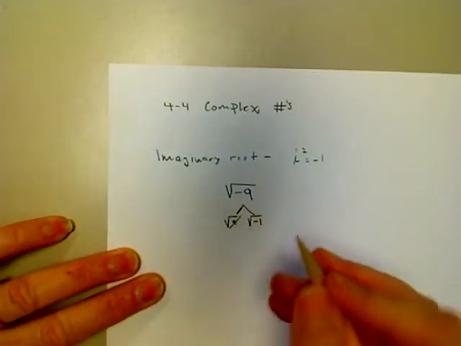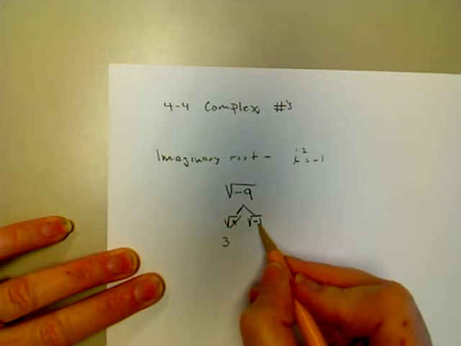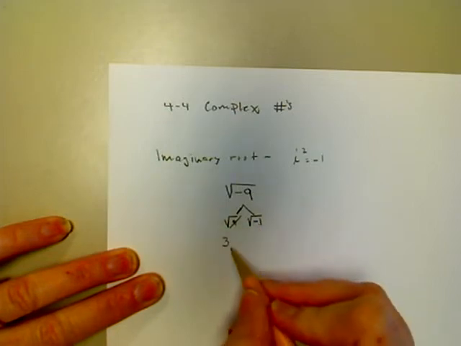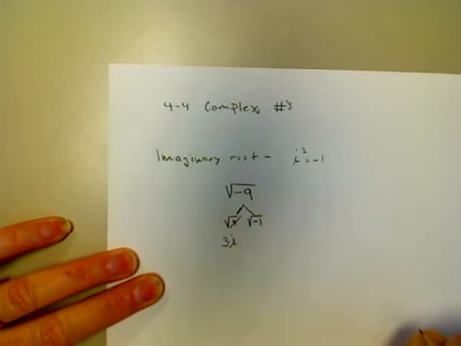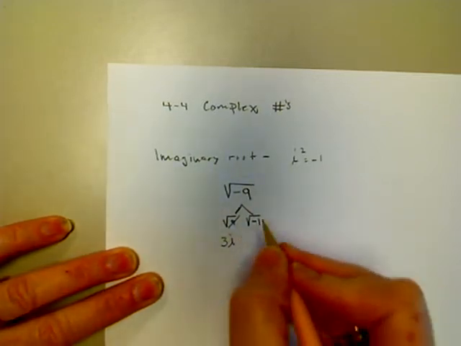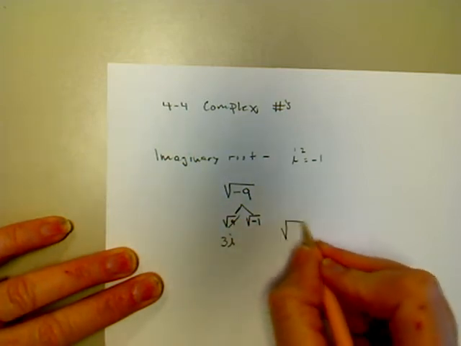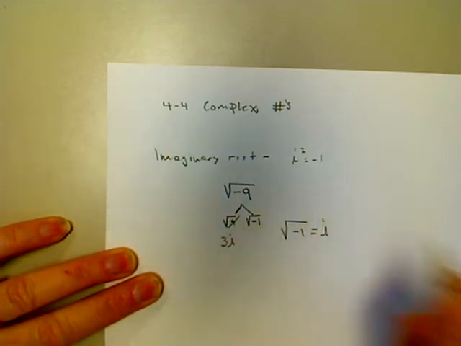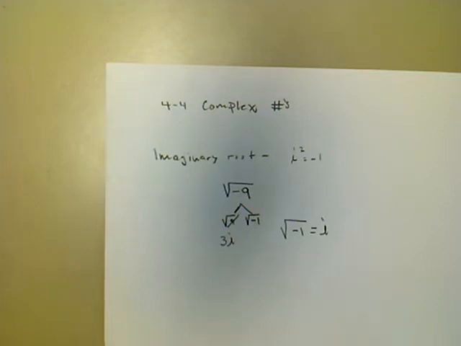The square root of 9 is 3. The square root of -1 is i. So what you need to get from this is that the square root of -1 equals i. So anytime you have a negative under your radical and you simplify it, you're going to have an i in your answer.